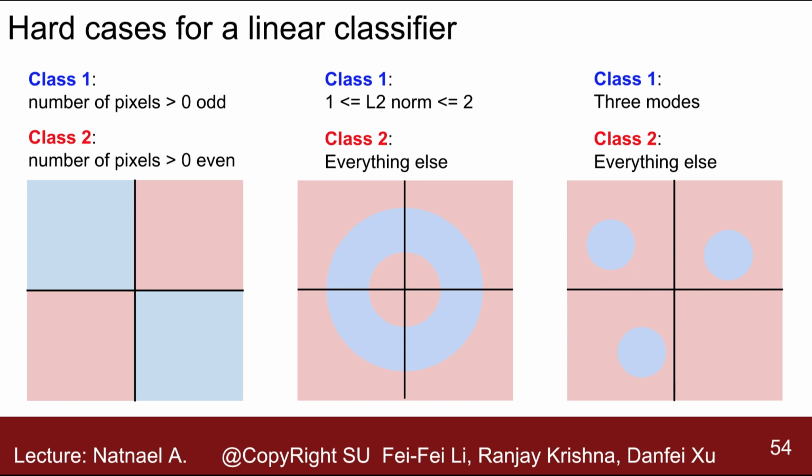So there are different hard cases that you can mention, but let me mention one, for instance, which is the case of the number of pixels which are greater than 0 and odd or even. If you try to map numbers in a number array, let's say this is 0. Here we have positive values, like 1, 2, 3, and the same is true for negative values.